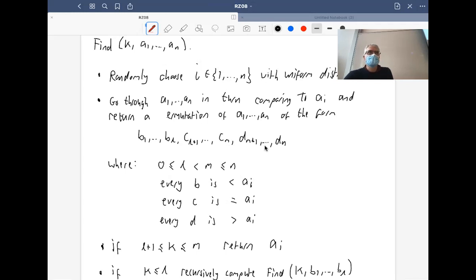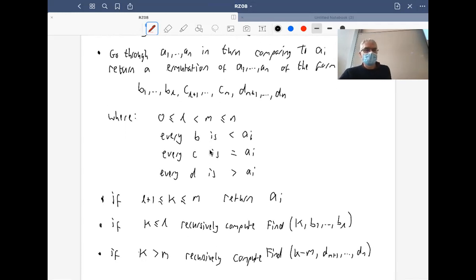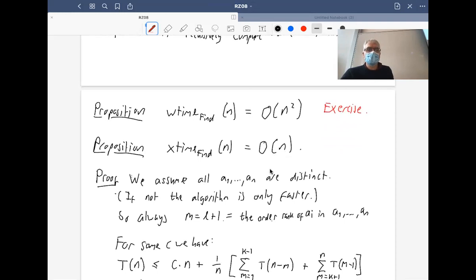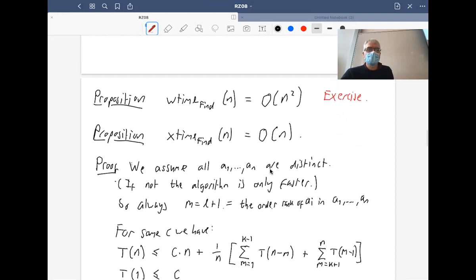So actually, restricting to lists in which all the elements are distinct only makes the runtime worse, not better. And we're going to, in any case, show that the algorithm has a linear upper bound.